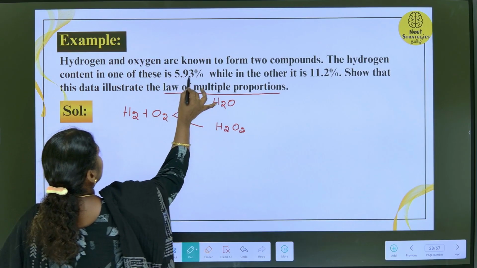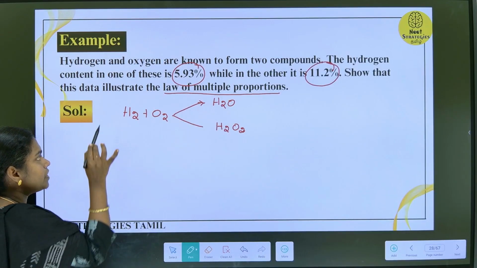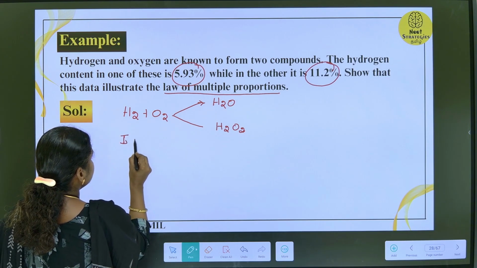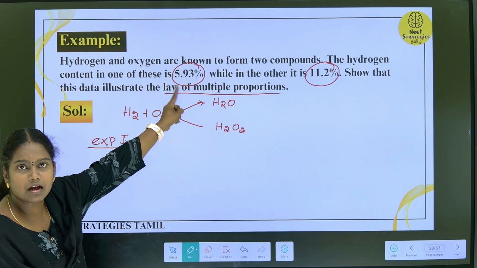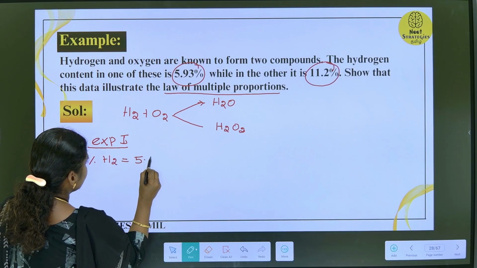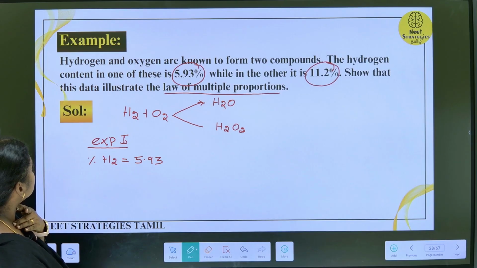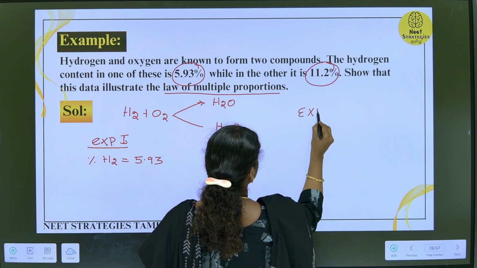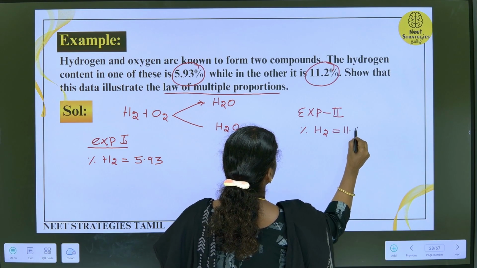In one, the percent of hydrogen is 5.93, and in the other it is 11.2%. We can follow it as the first experiment and second experiment. In experiment number 1, the percentage of hydrogen is equal to 5.93. In experiment number 2, the percentage of hydrogen is equal to 11.2%.